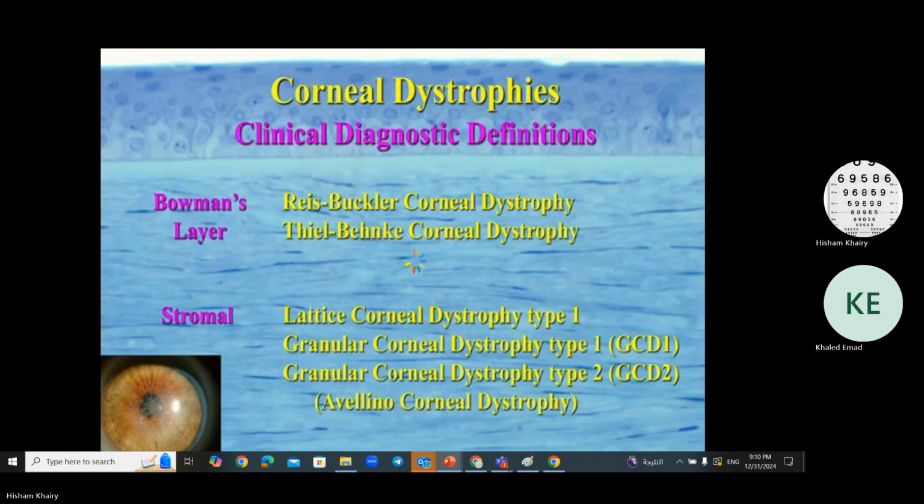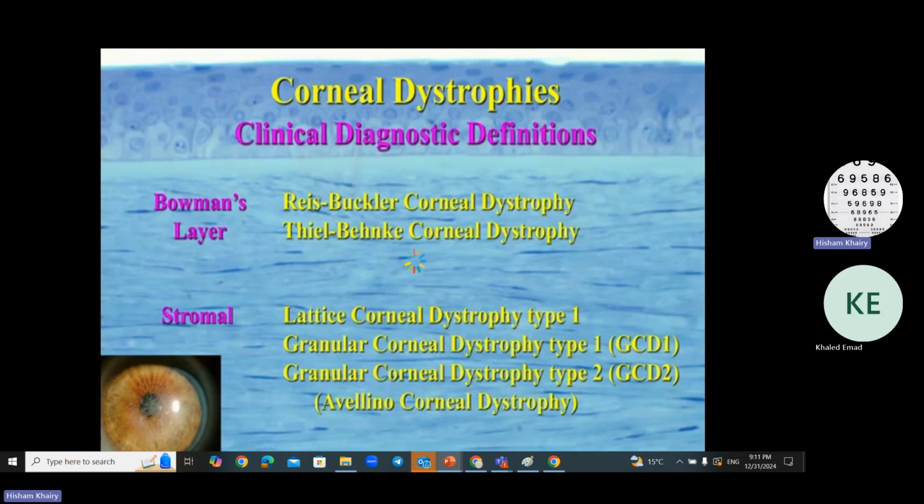So corneal dystrophies have clinical diagnostic definitions. We first have to remember that the cornea has 5 layers: epithelium, basement membrane, Bowman's layer, corneal stroma, Descemet's membrane, and endothelium.